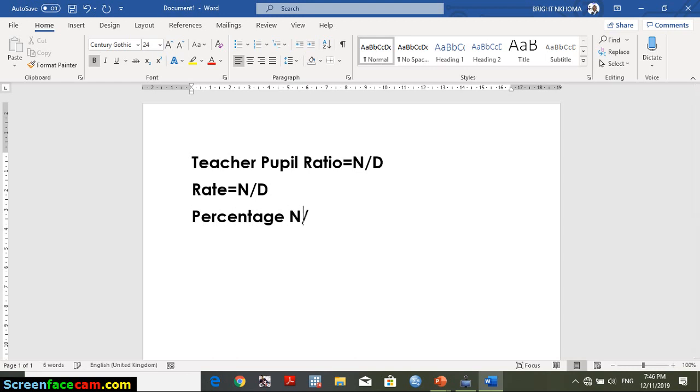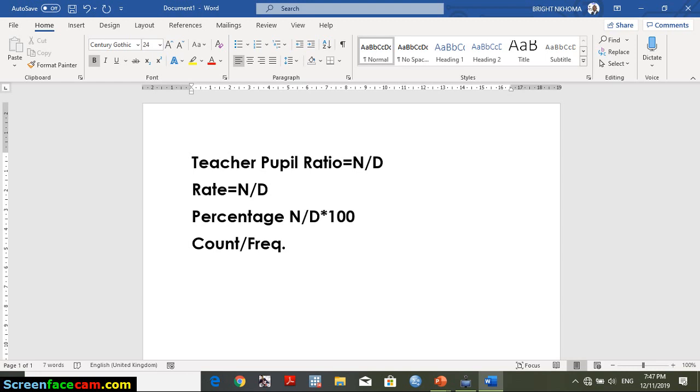Numerator, denominator, multiply by 100. So we've got a ratio, we've got a rate, then we've got a percentage. The percentage is just an extension of the rate. When you multiply by 100, it becomes a percentage.